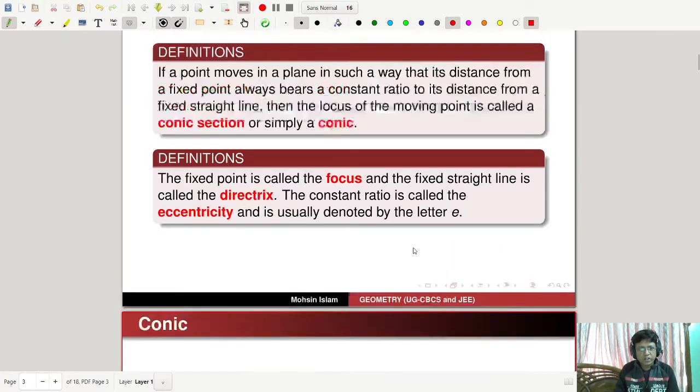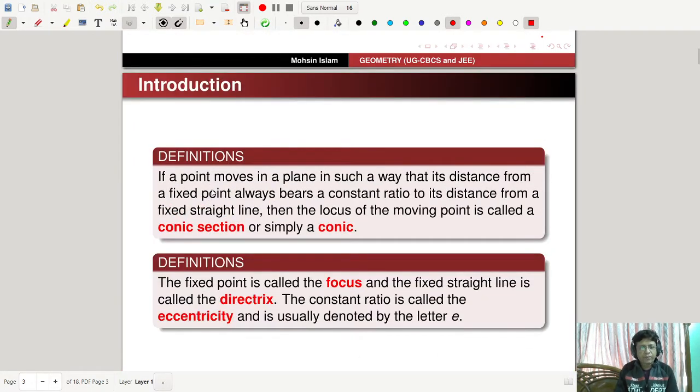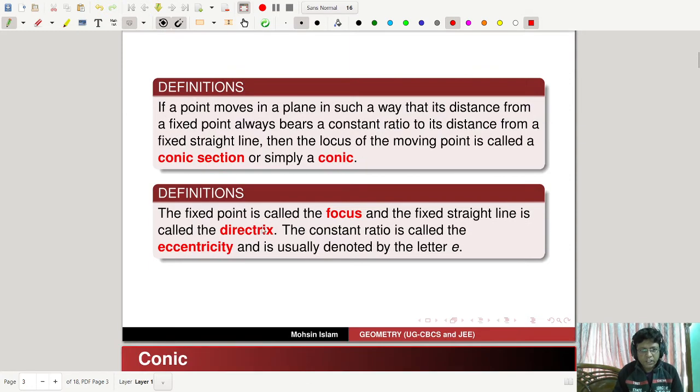That was the definition. So look at the definition once again. If a point P moves in a plane in such a way that its distance from a fixed point always bears a constant ratio to its distance from a fixed straight line, then the locus of the moving point is called the conic section or simply a conic. The fixed point is called the focus, and the fixed straight line is called the directrix.